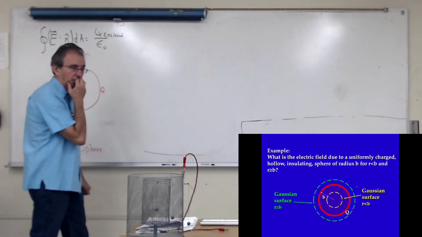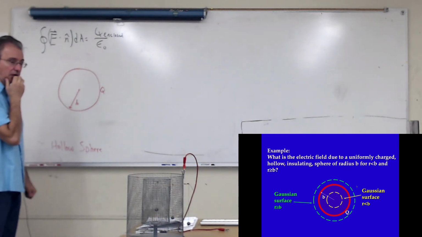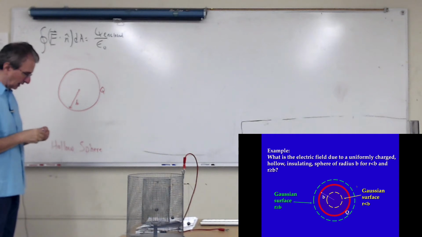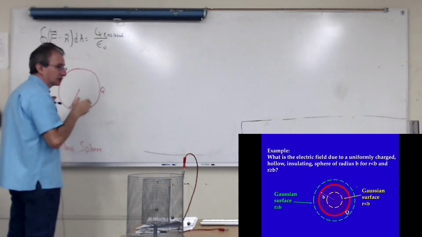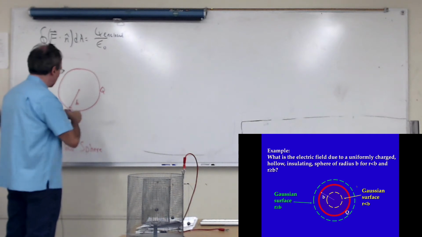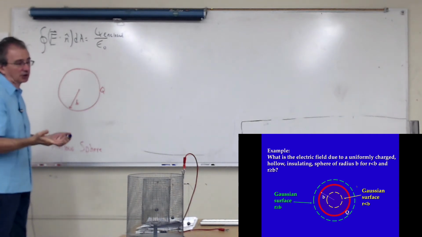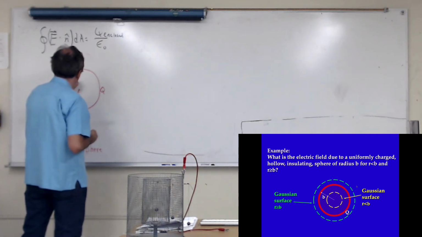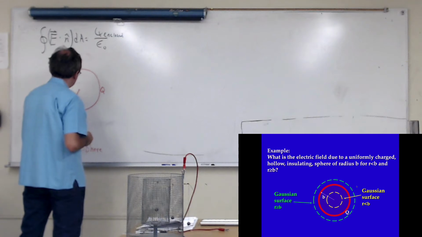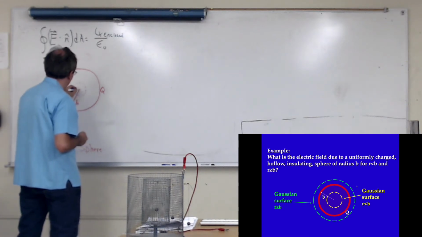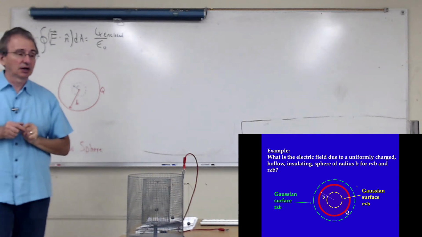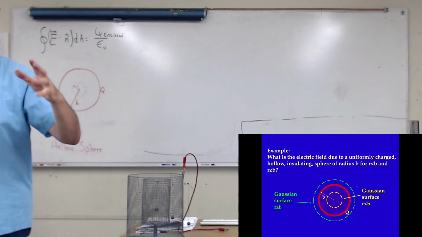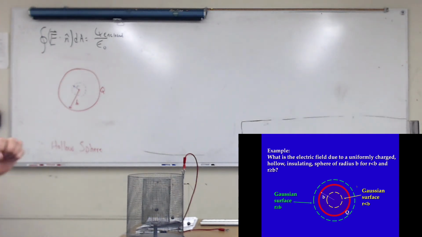So I'm going to draw an imaginary surface inside my sphere. And I'm going to use something that has the same symmetry as a sphere. So I'm going to draw a sphere, an imaginary surface, in purple, of radius r. The reason I use small r is because I want to find the field at some arbitrary location r inside the sphere.